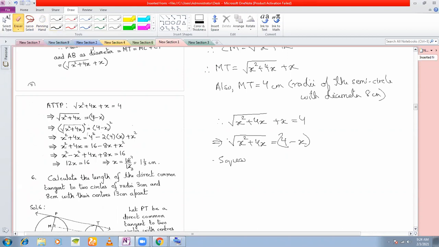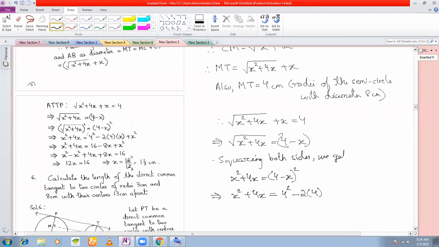So squaring both sides, we get, first the radical gets removed, the x square plus 4x, and now you get a square on the right hand side.